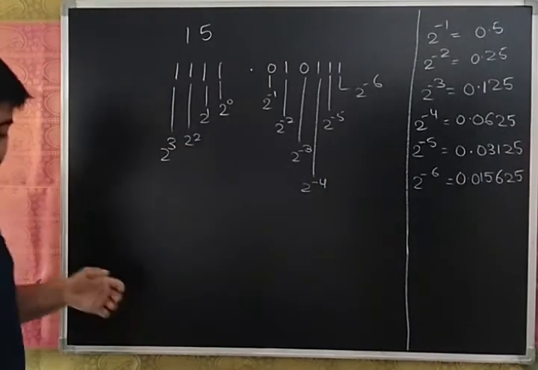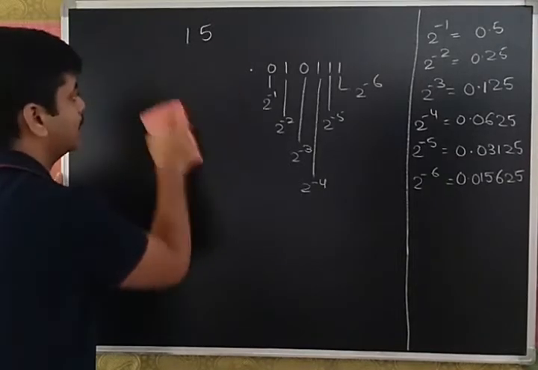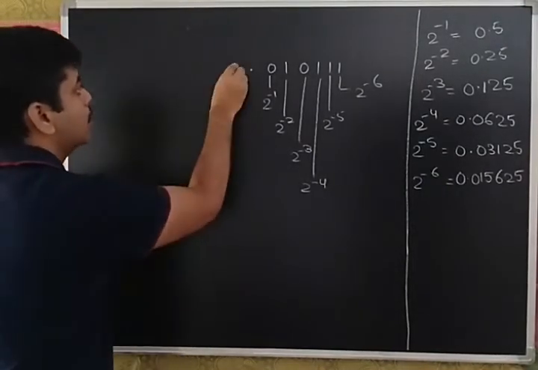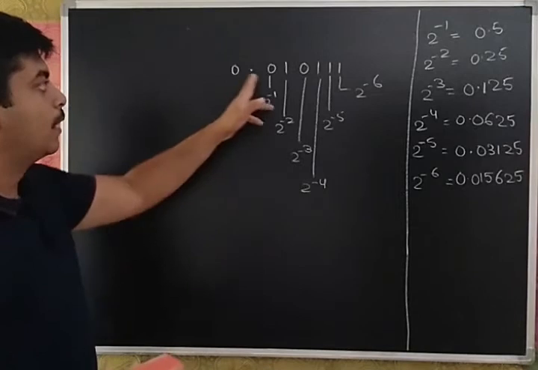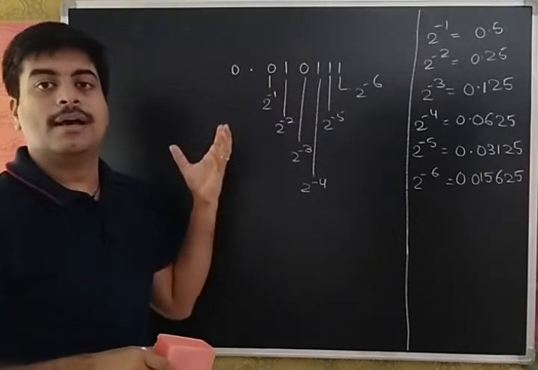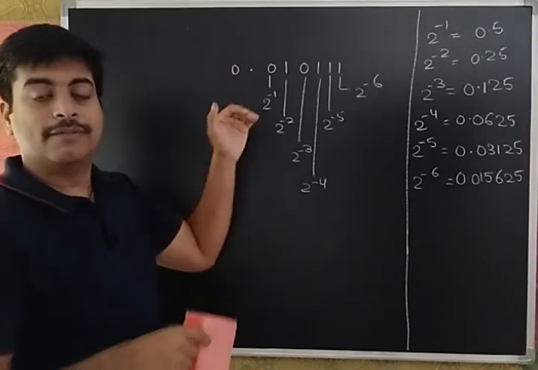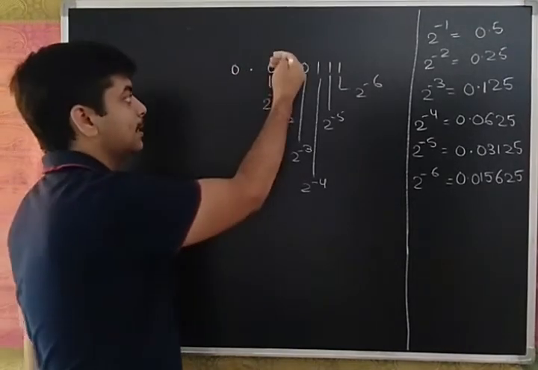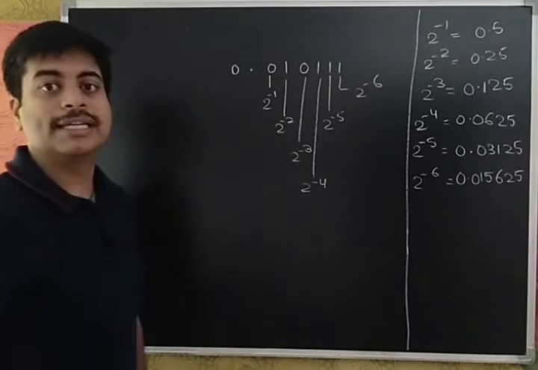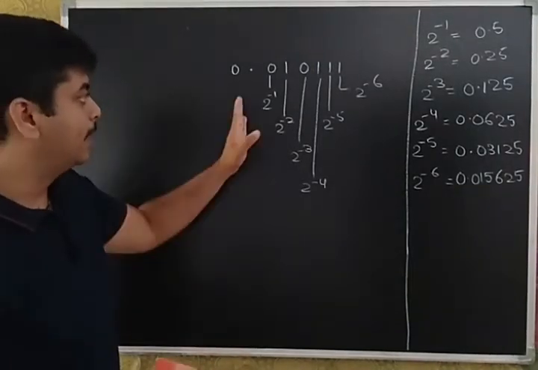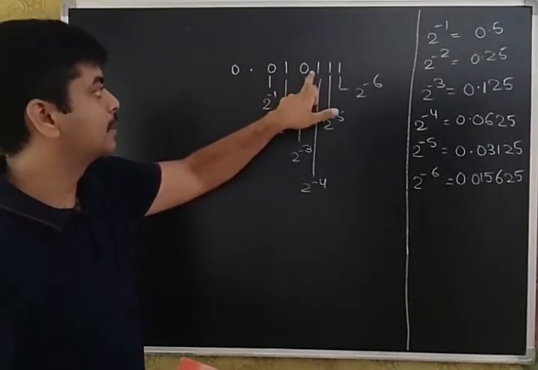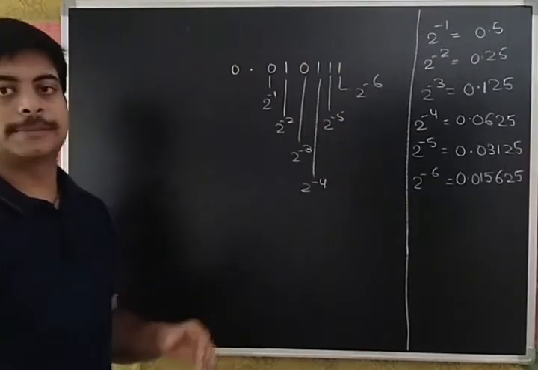So let us leave this 111 and go for 0.010101. This is the binary system in fractions. We are converting this binary number to the equivalent decimal number. So we are multiplying with 2 power minus 1, minus 2, minus 3, minus 4, minus 5, minus 6.